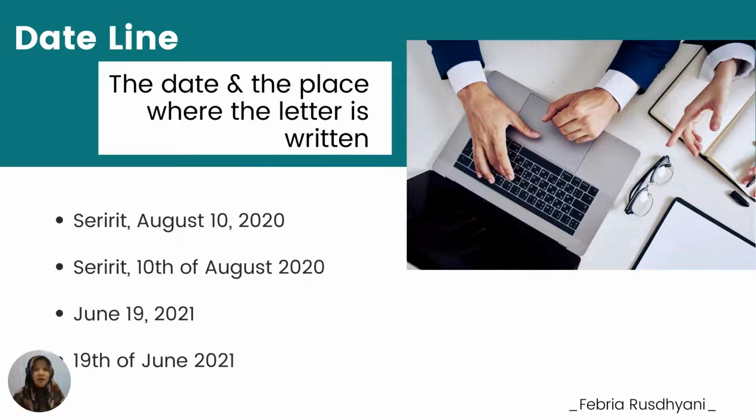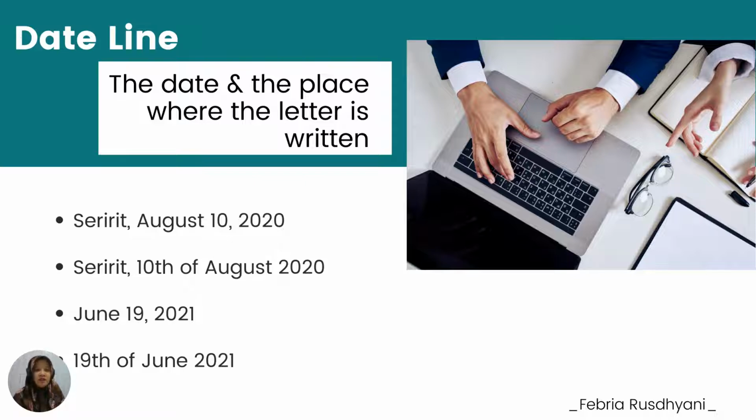Next, we go for the deadline. It is deadline, not deadline. It is about the date and also the place where the letter is written. For example, you can choose one of the styles here for writing your letter. As the examples, Seririt August 10, 2020, or Seririt 10 of August 2020.